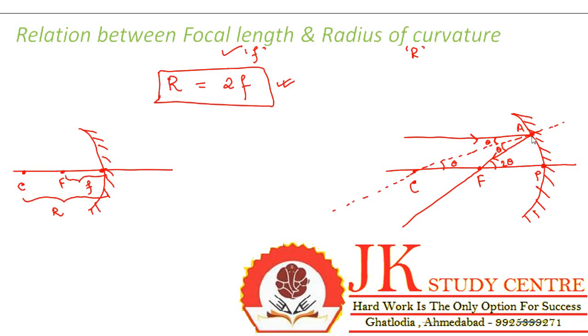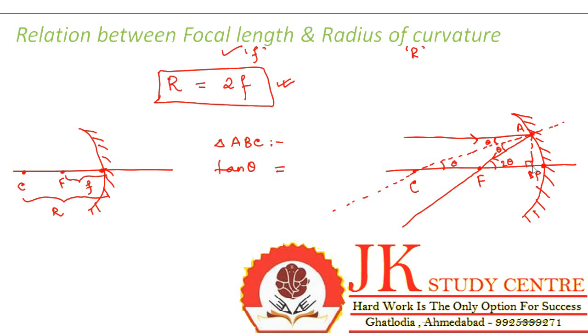Now let us name these points: let me call this point A, and this point is already P. Let me draw a perpendicular here and call that B, just for my construction purpose. Now if you look at triangle ABC, from your trigonometry, tan theta is equal to perpendicular by base.